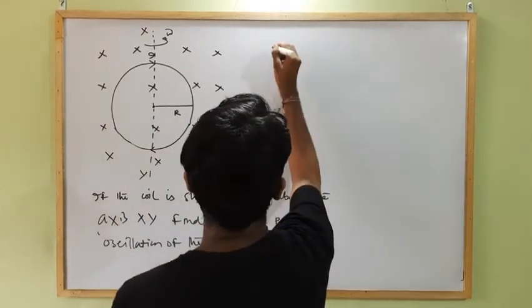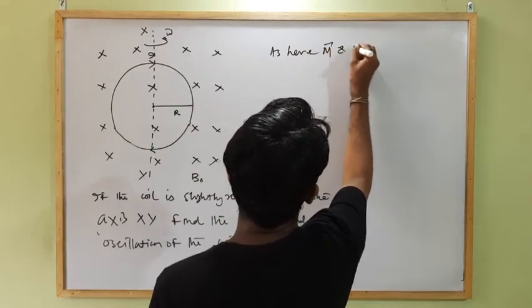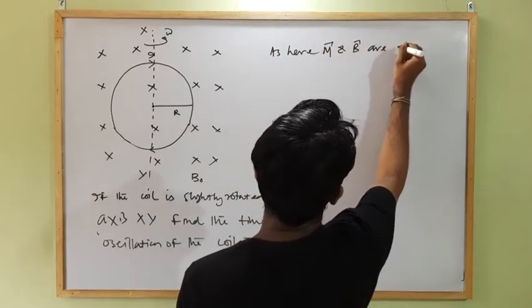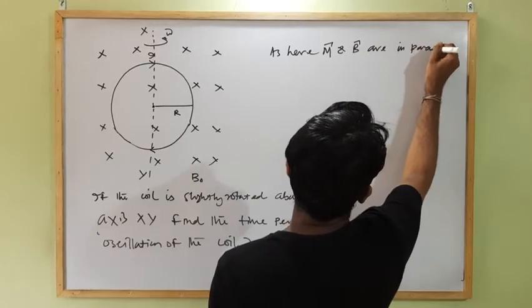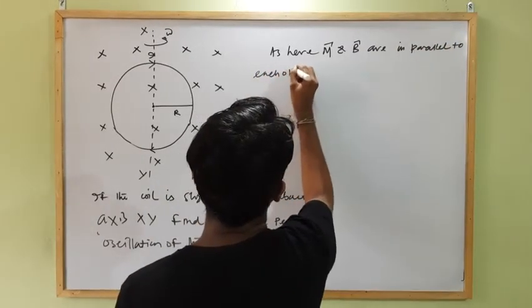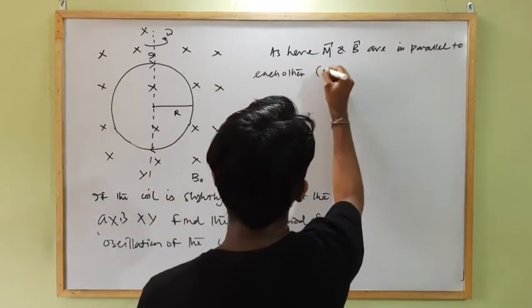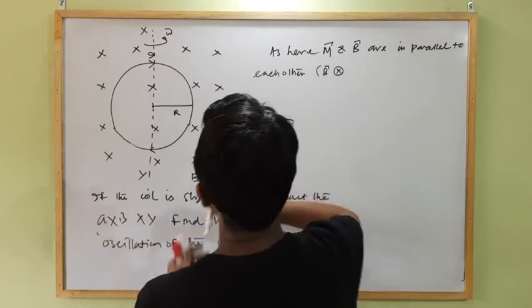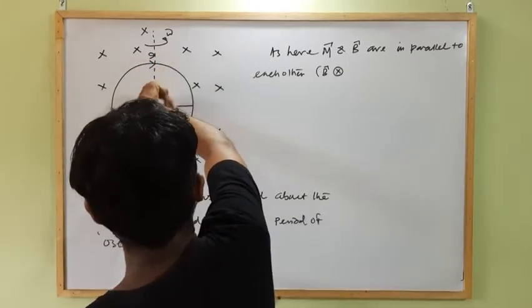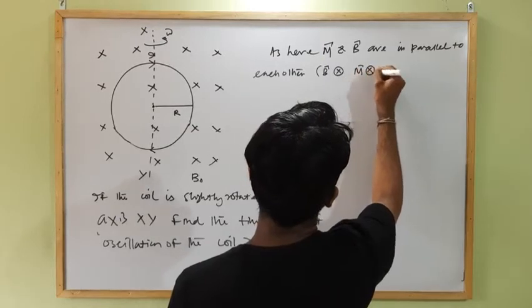As here M vector and B vector are parallel to each other, as B vector is into the plane, and I am curling my finger along the direction of current, the thumb is also into the plane, so M vector is also into the plane.